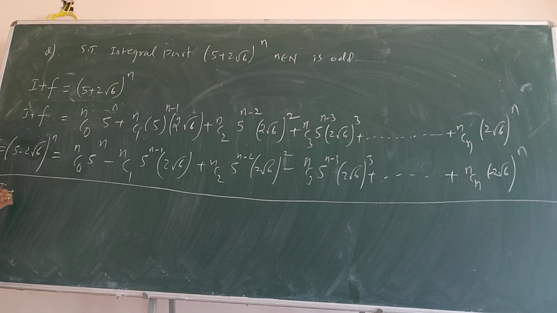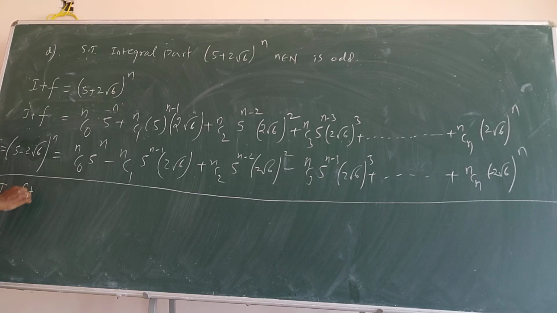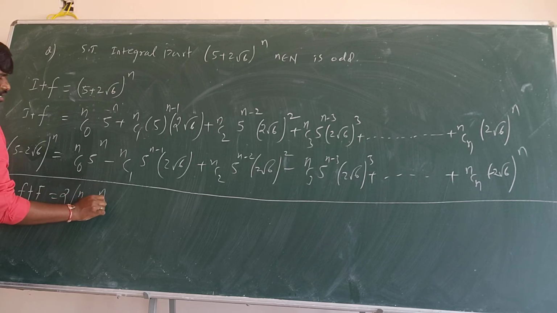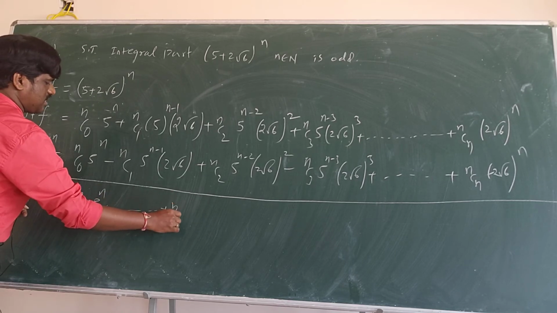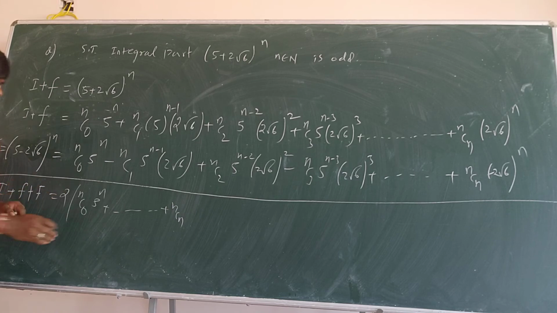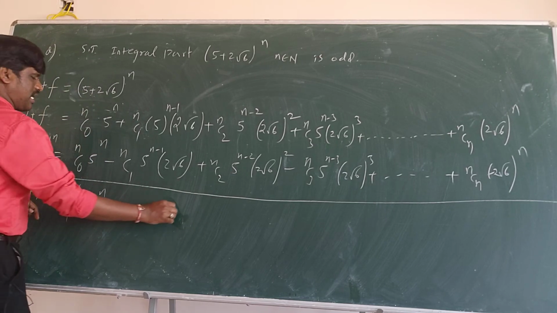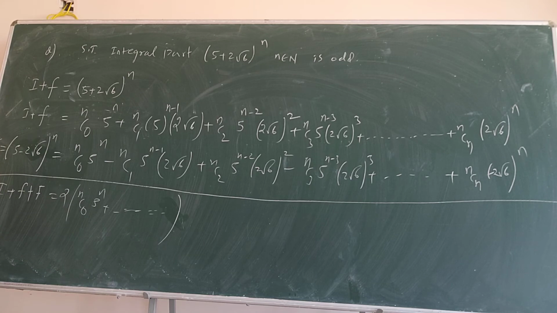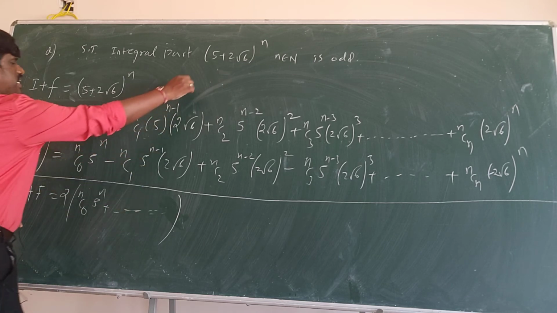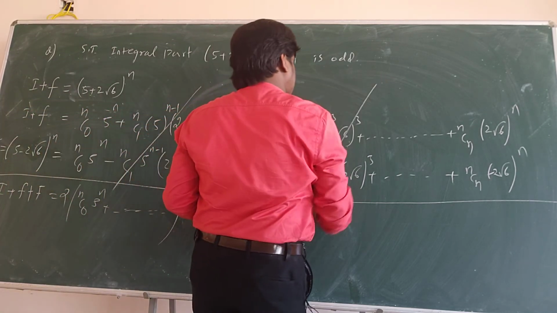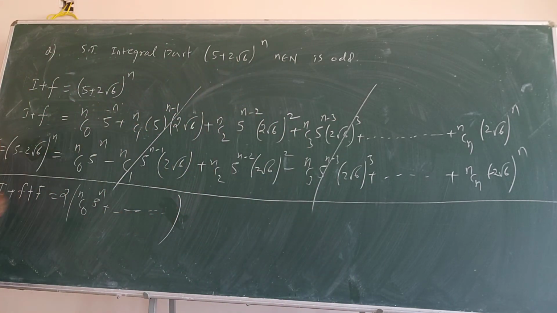So I plus f plus capital F is equal to 2 times something, nC0 5 power n so and so plus nCn. We don't need to write all these things. The irrational parts will be cancelled out; rational, that is the integral part, you have to get, and the irrational part you have to remove.